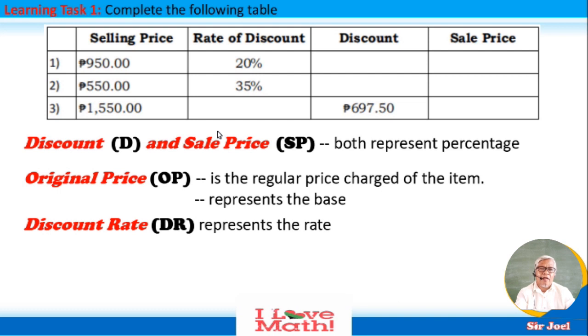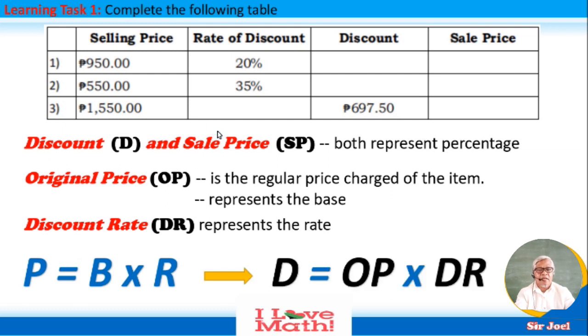So, kung i-apply natin yung percentage, which is equivalent to base times rate, in this case, lumalabas na discount and sale price is equivalent to original price times the discount rate. So, yun, sabi nga natin, if percentage is base times rate, magiging itong D equals OP times DR. P for percentage, B for base, R for rate.